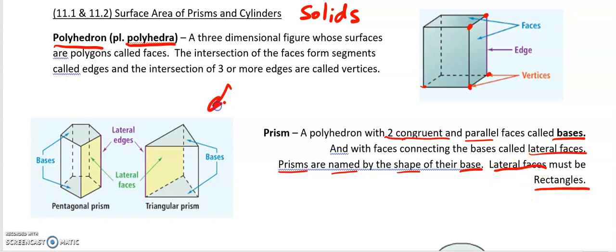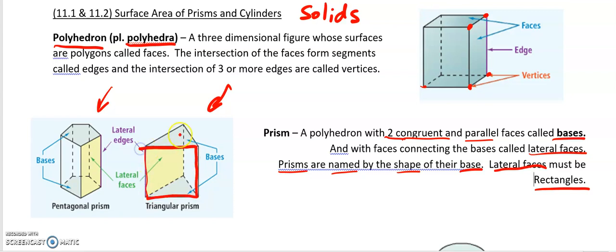Now, over here, I've got two prisms. This first prism, as you can tell, I've got a triangle on the top and a triangle on the bottom that are parallel and congruent. These would be my bases. The two triangles are my bases. Connecting those two triangles, if you look, I've got these rectangles.